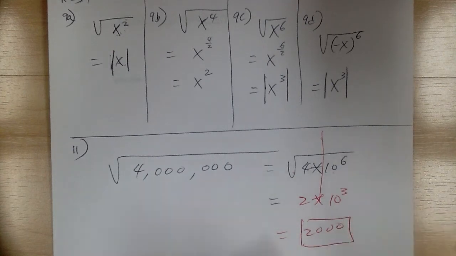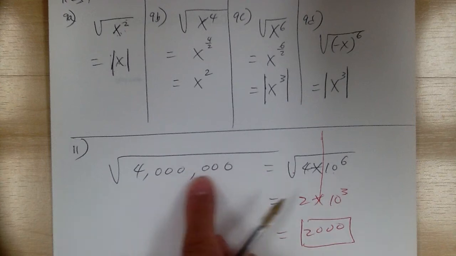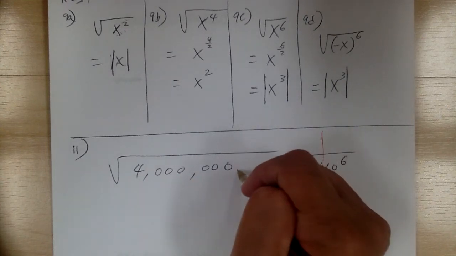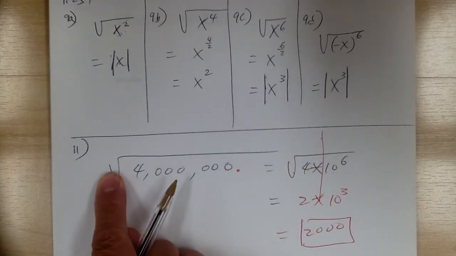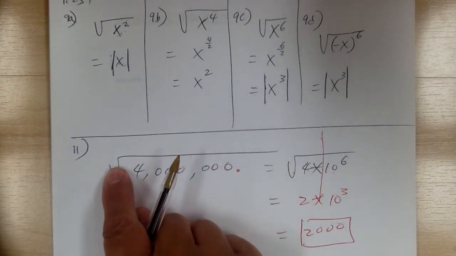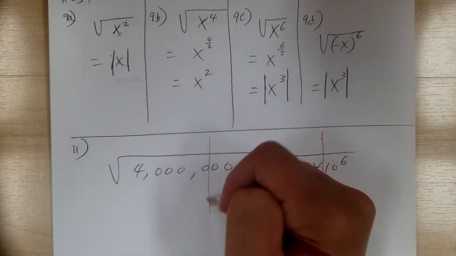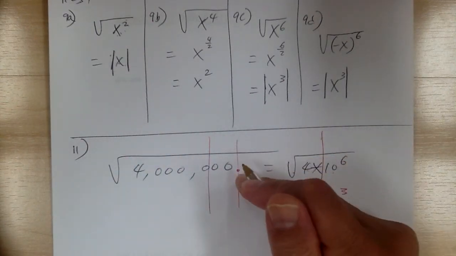Or, when you do it this way, again, notice everything is all 0 in the back. So here is your decimal point. Now again, the index is 2, which means you have to chop into 2 digits at a time, because when you have a square root, 2 digits inside will equal 1 digit outside. So chop off, starting from the decimal, going this way.